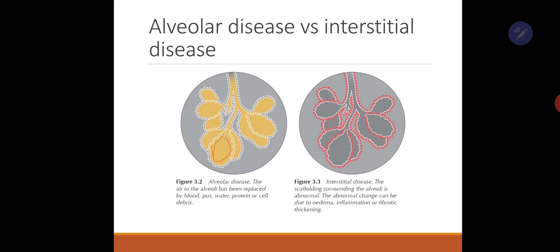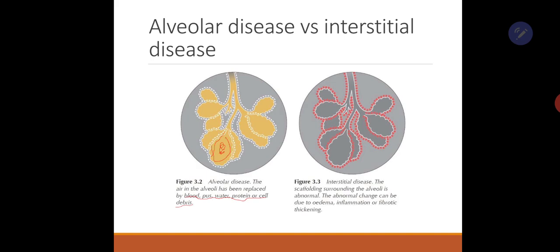Usually air fills up the space, and in a pathology, the air in the alveoli will be replaced by blood, pus, water, protein or cell debris.